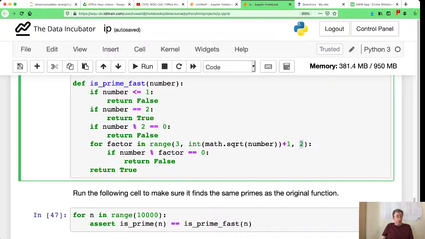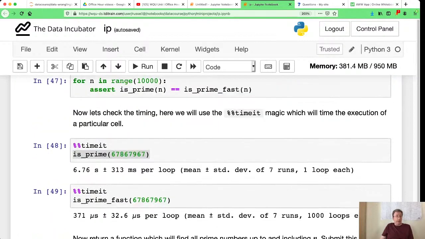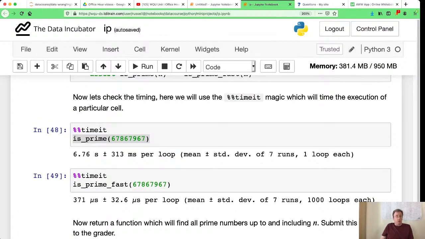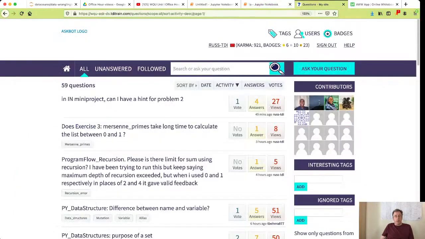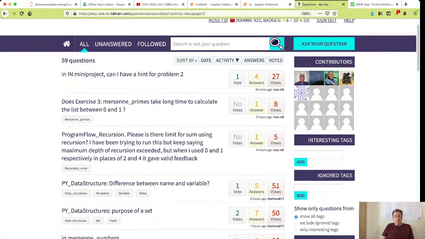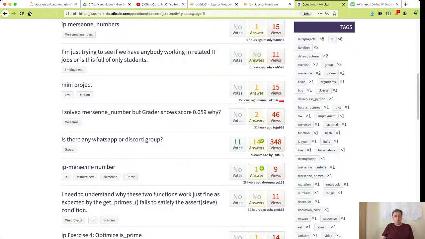Is there a name for this isPrime method? Well, we were just calling it isPrime fast. There are other, even slightly more sophisticated algorithms which can check for primality. Someone wrote one similar in one of these questions.